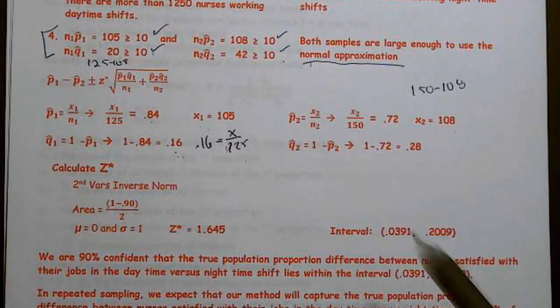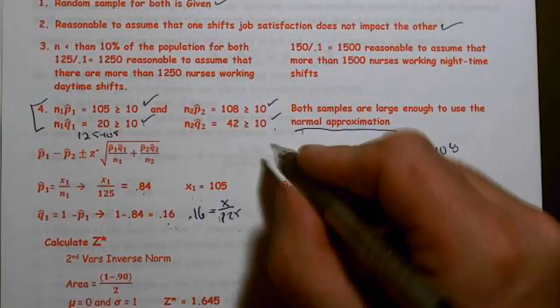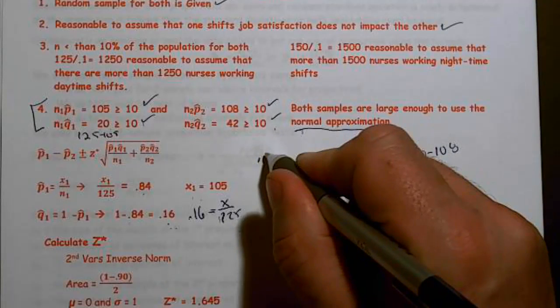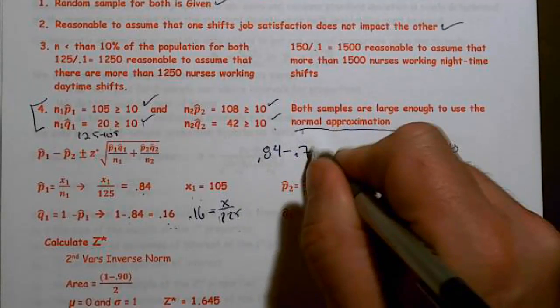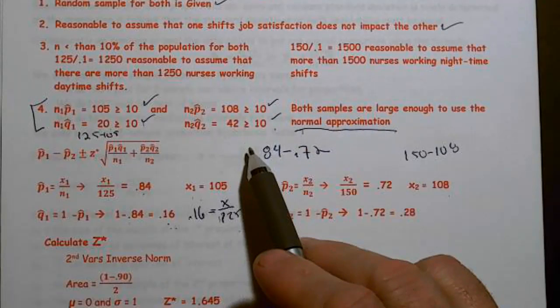Well, what's really nice here is they started off with percentages. So basically we're going to have 0.84 minus 0.72, because that's p hat 1 and p hat 2.